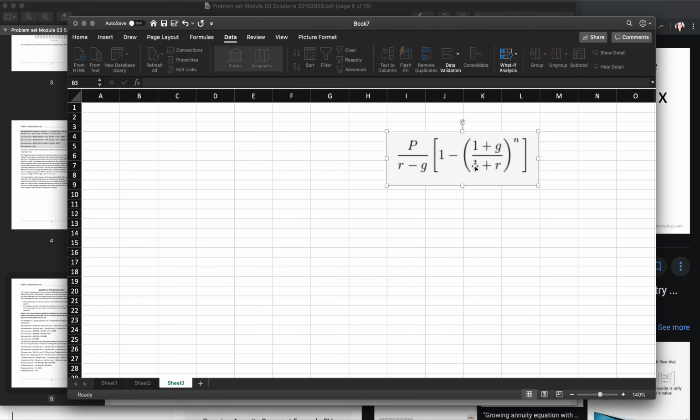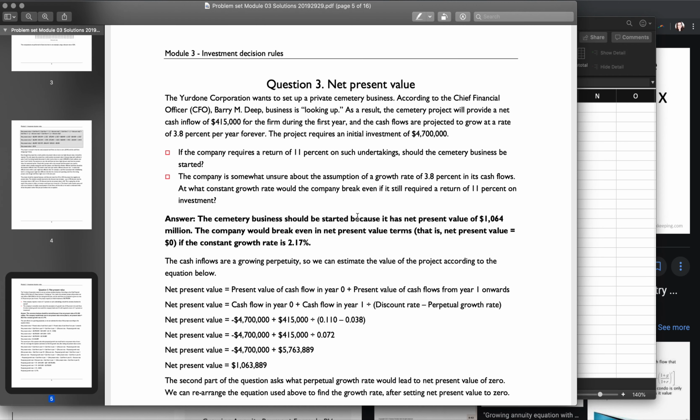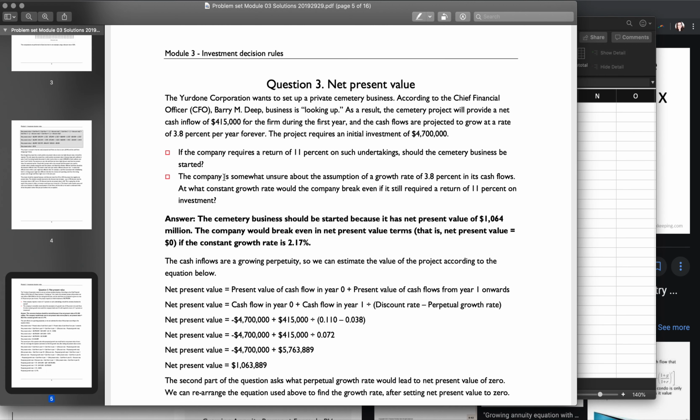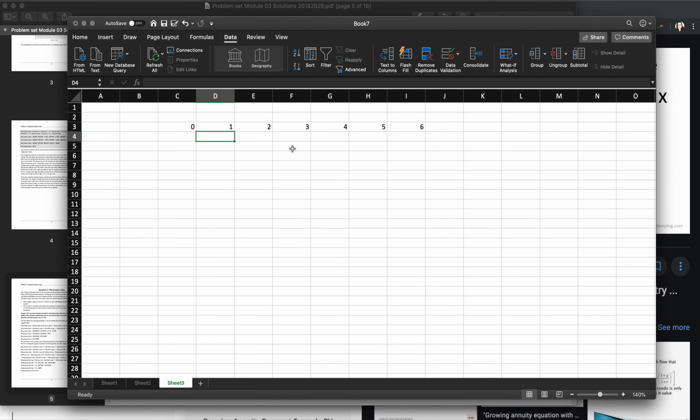So I can delete this formula that I copied from the internet a minute ago to show you. Let me just draw the timeline and kind of show you. This would go on forever, but the cash flow in the first year is going to be $415,000.